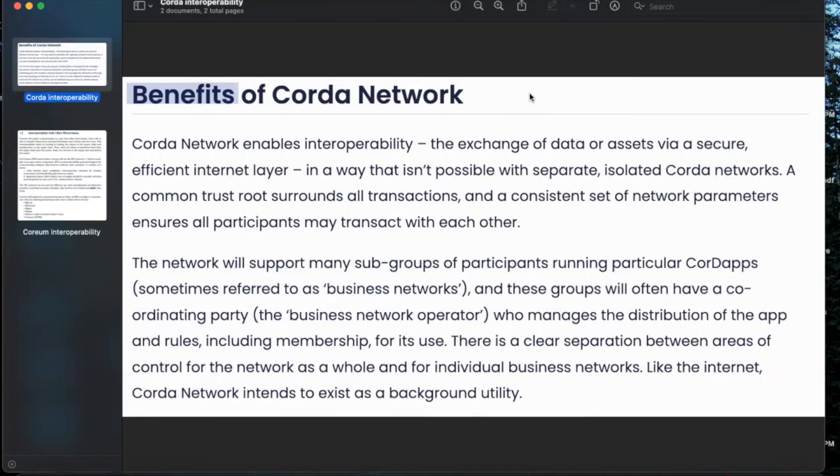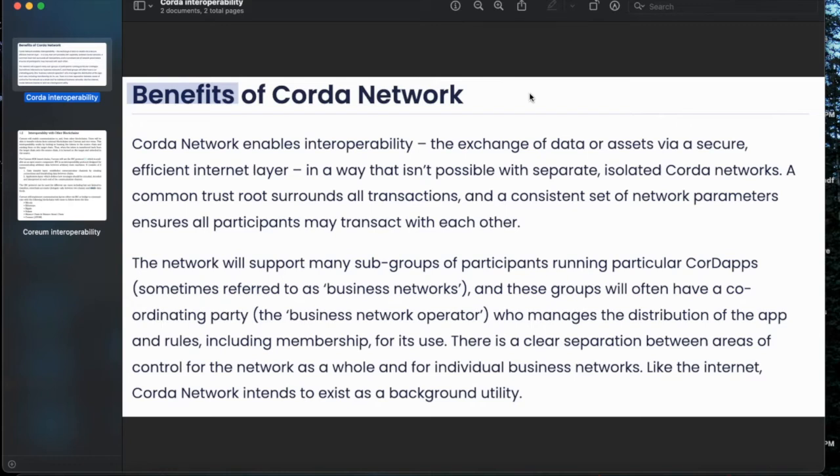And regarding interoperability, the Corda network enables interoperability, the exchange of data or assets via a secure, efficient internet layer in a way that isn't possible with separate isolated Corda networks. A common trust root surrounds all transactions, and a consistent set of network parameters ensures all participants may transact with each other.